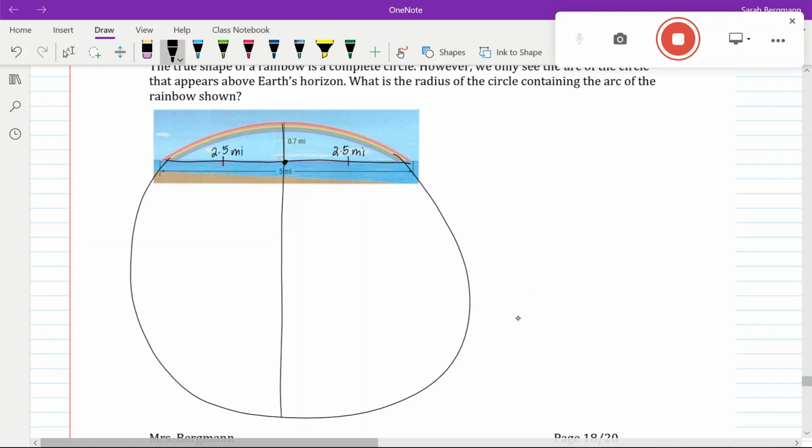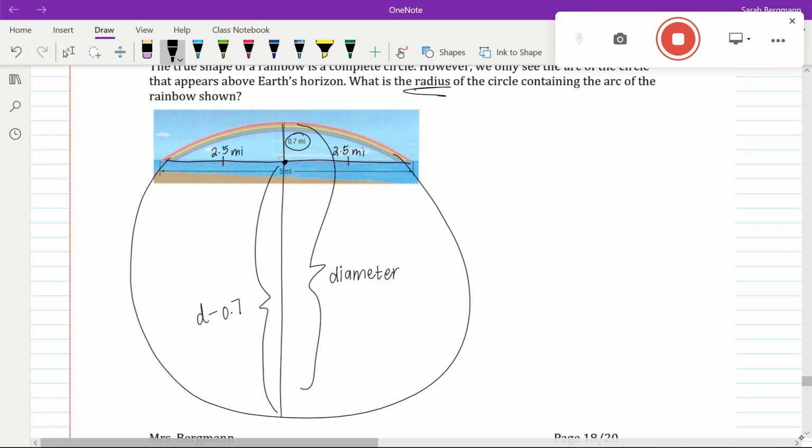So since this full thing is the diameter of the circle, we can say that this chord segment would be equal to the diameter minus 0.7, since this part of the chord segment up at the top is 0.7 miles. So if we can solve for the diameter, we'll be able to find the radius.